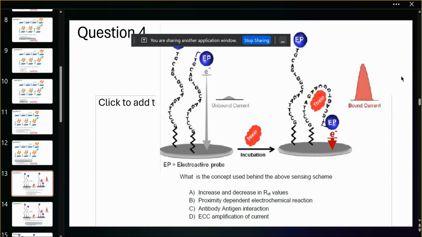Since there was no electroactive substance there, the charge would have flown through the substrate. With the presence of toxin, the charge would have been interrupted, and we would have detected the RCT value. But here what we are measuring is the current value. So that is why the answer is proximity dependent electrochemical reaction.